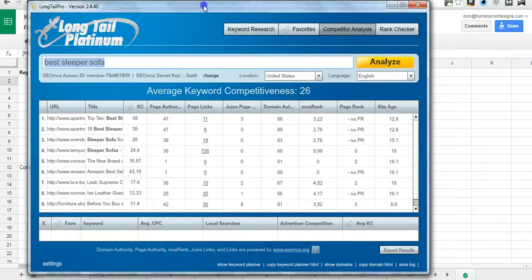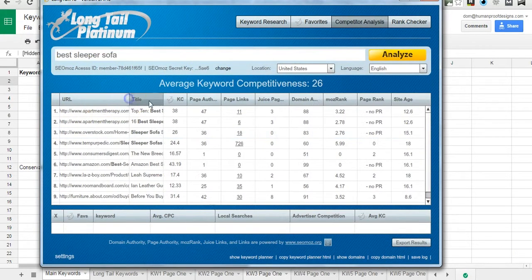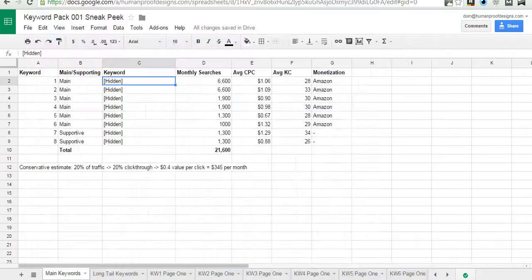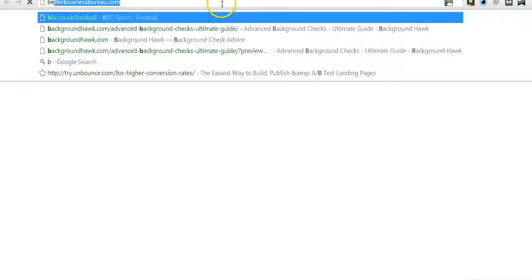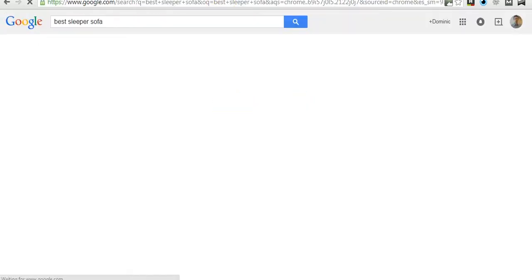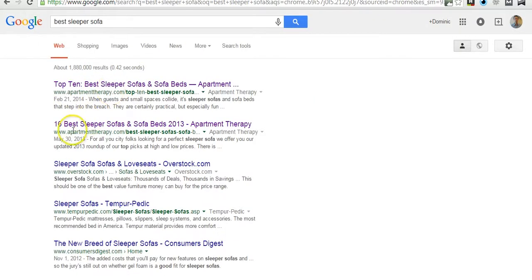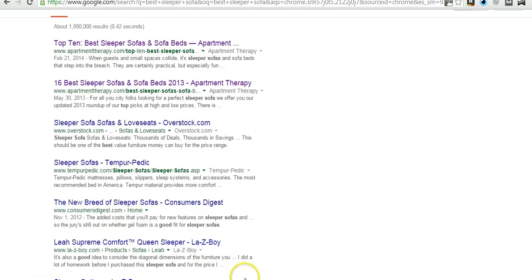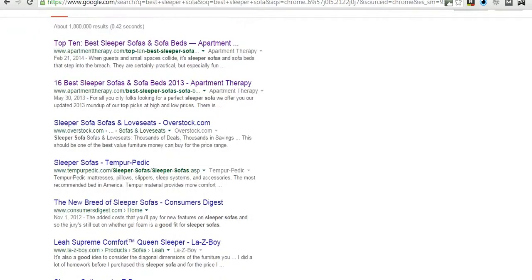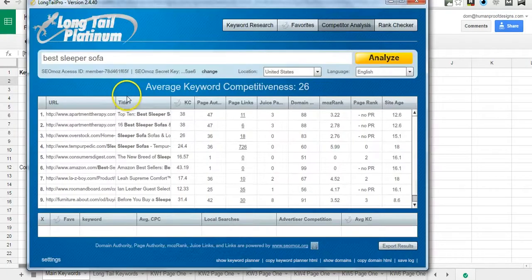So what I've got here is a real look at page 1. If you go to Google and you type in best sleeper sofa, and then it does its thing, you've got Apartment Therapy, Overstock, Tempur-Pedic, Consumer's Digest. Okay, so then you go up here, and it's the same. I'm just showing you what it looks like.